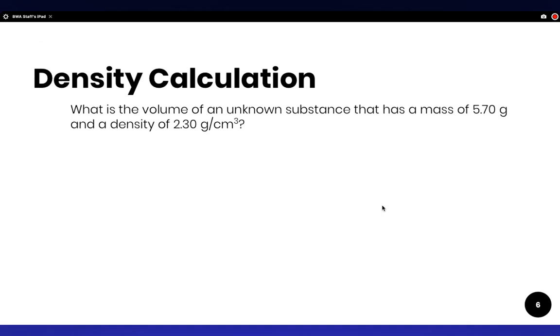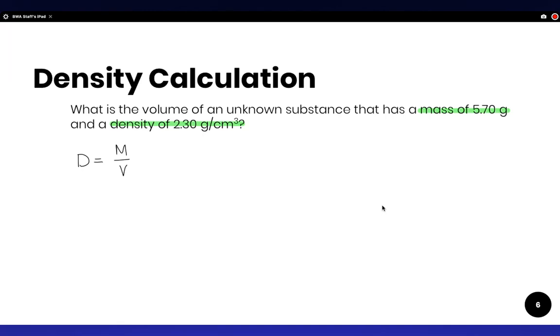What is the volume of an unknown substance that has a mass of 5.70 grams and a density of 2.3 grams per centimeter cubed? Okay, so the equation I gave you was D equals M over V. So let's manipulate this equation before we put the numbers in.